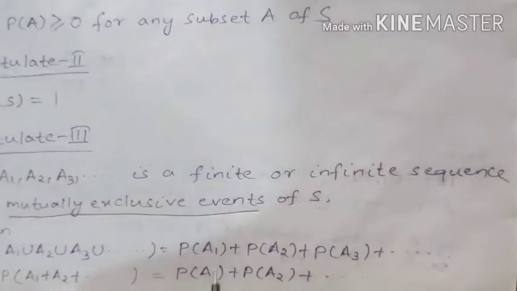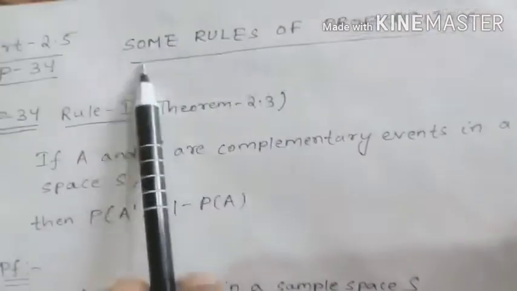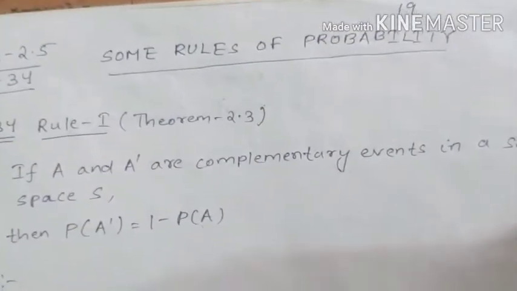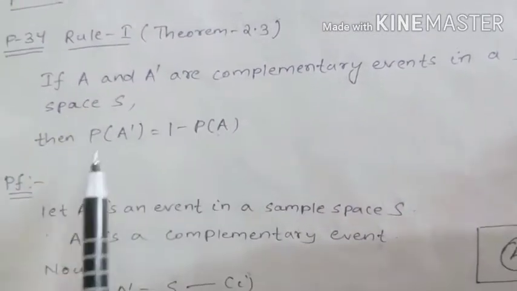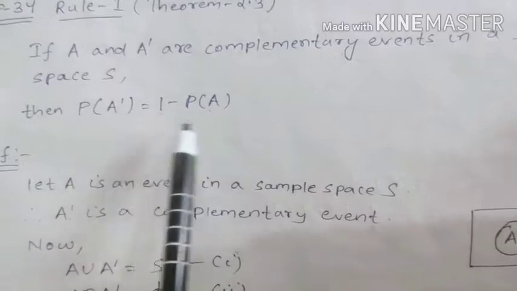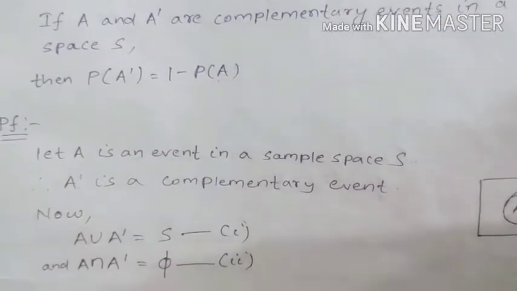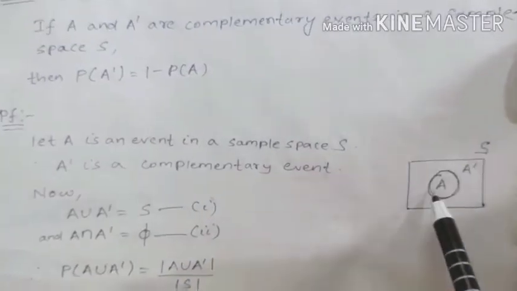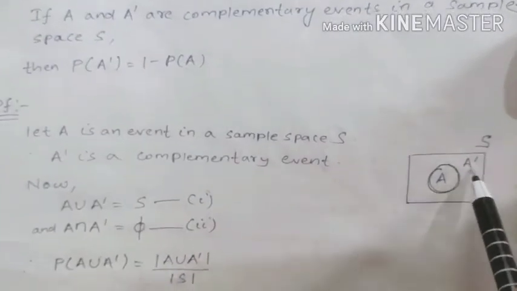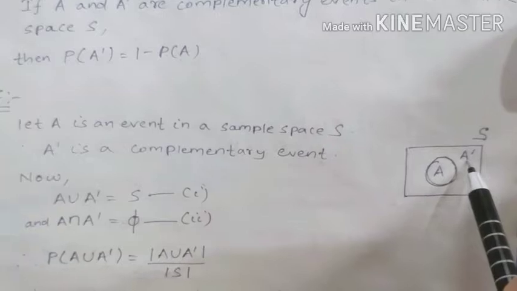They are disjoint sets. Some rules of probability: there are 6 rules. Rule 1: P of A dash equals 1 minus P of A. Whenever A is an event of a sample space, S minus A equals A dash. That is set theory.